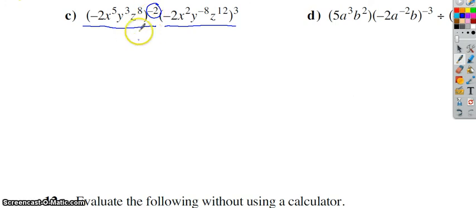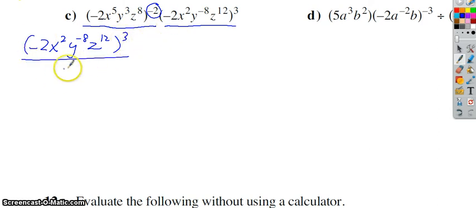What does that mean? It means flip everything to the bottom and it becomes positive 2. So let me just copy the whole question. This will be on top. I'm just copying the second part. And you flip the whole thing to the bottom and you multiply them. I'm using red to represent the things that change.